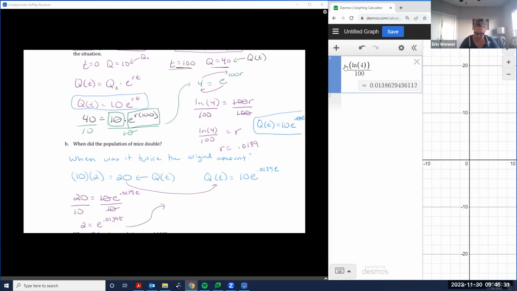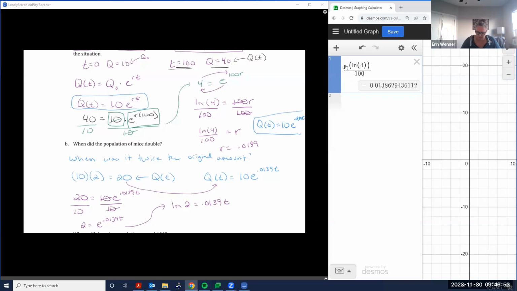So we're going to say the natural log of 2, which we could write as log base e. But again, the natural log of 2 is equal to that exponent, 0.0139 t.